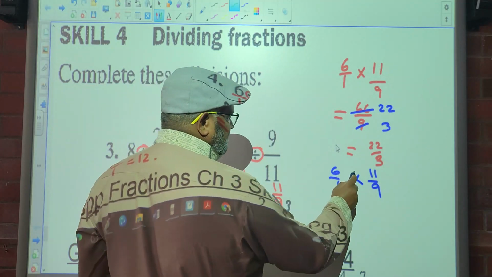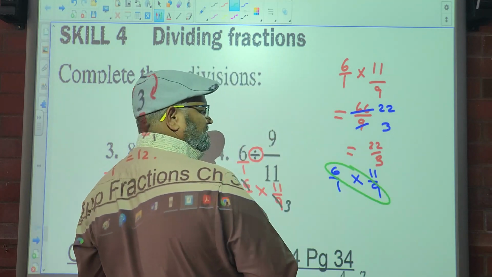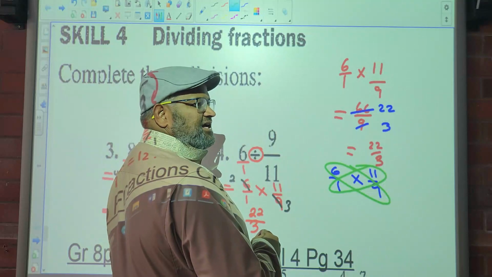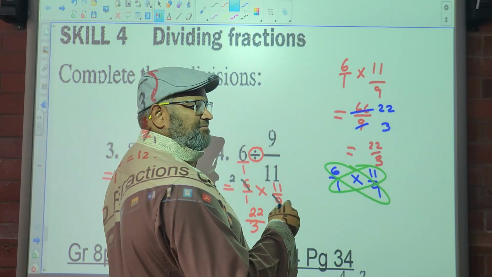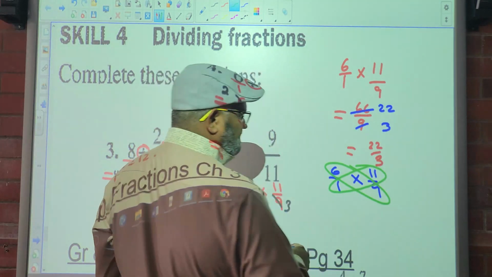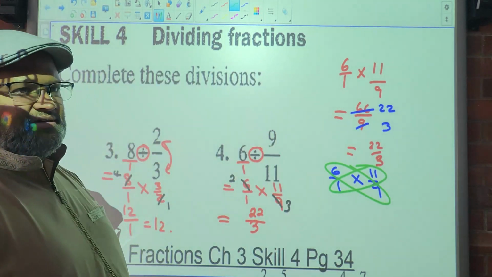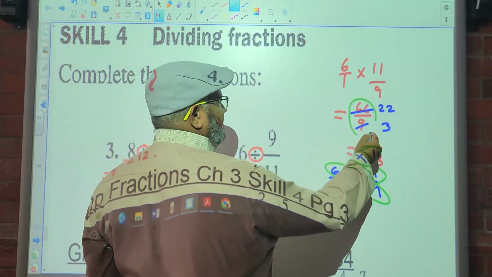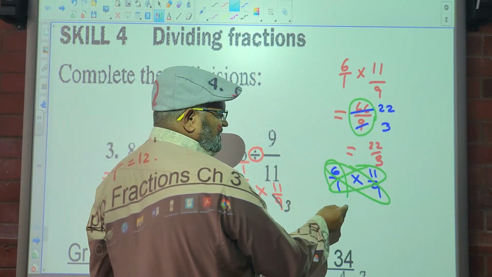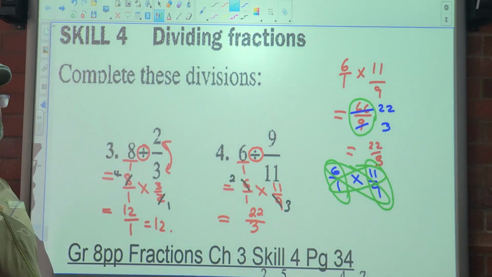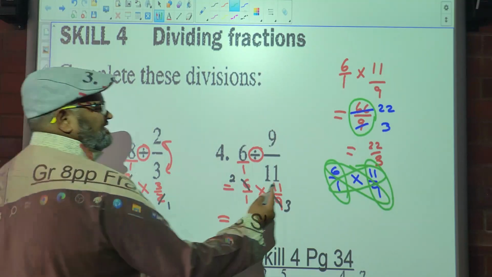Those two numbers and those two numbers there. This can cancel, or be simplified. So canceling just means simplifying. Yeah, in other words. But remember also, this could also be cancelled. It was numerator and denominator. So that as well. Okay. But we never cancel across like that.